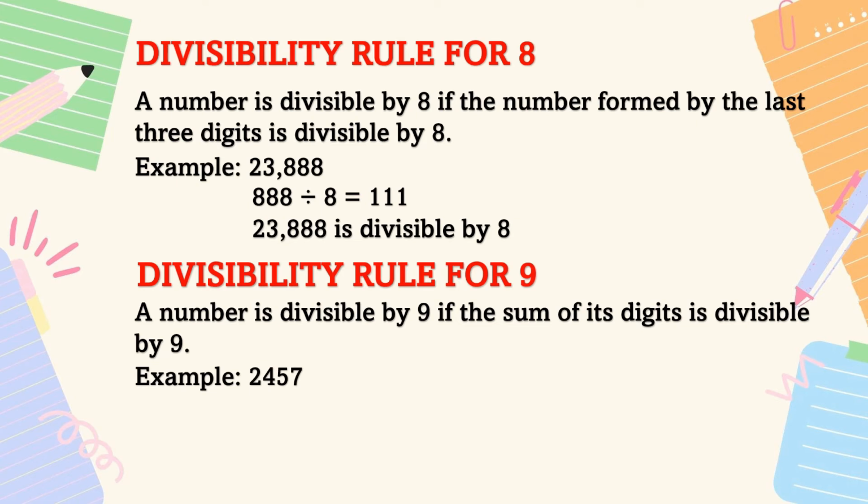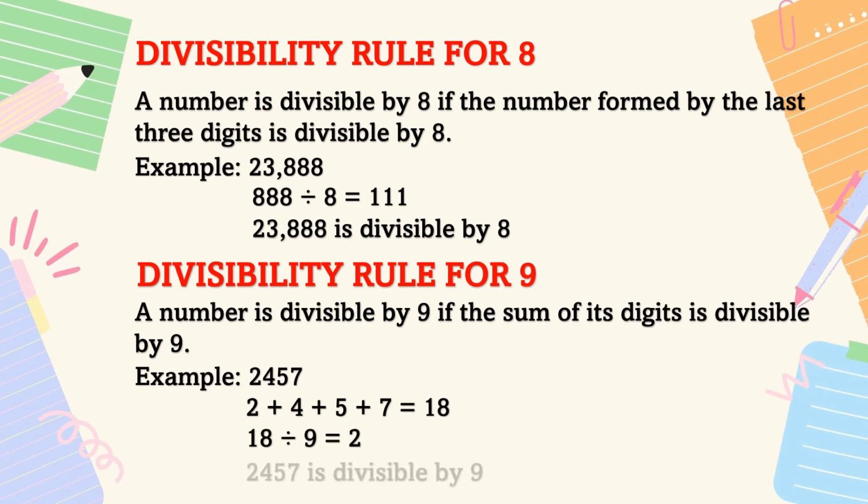We need to add the digits: 2 plus 4 plus 5 plus 7 is equal to 18. 18 divided by 9 is equal to 2. Yes, it is divisible by 9. Therefore, 2,457 is divisible by 9.